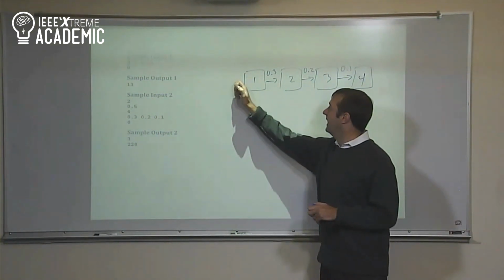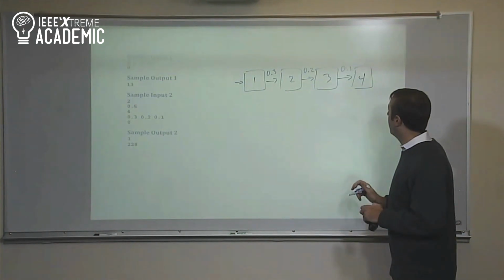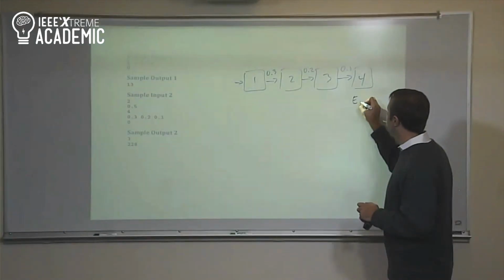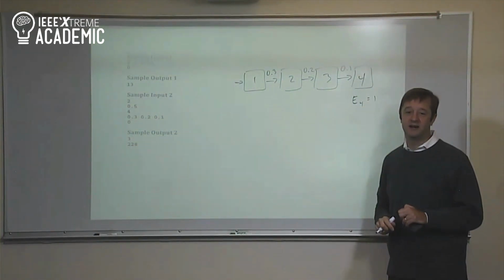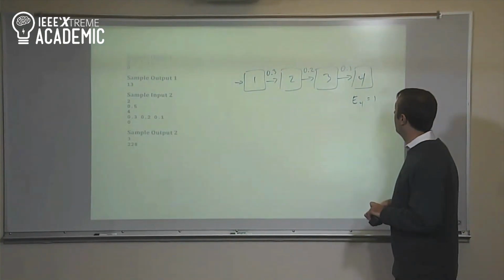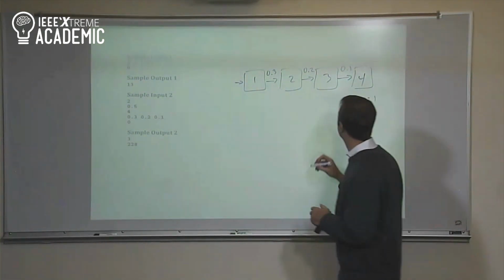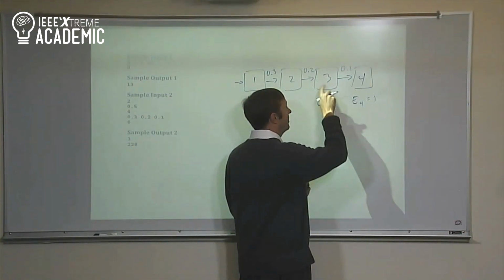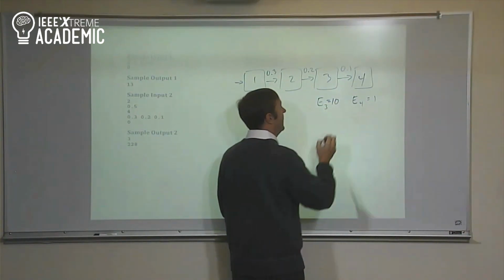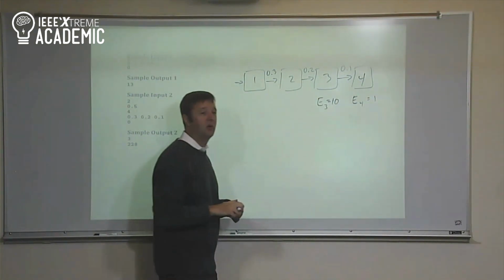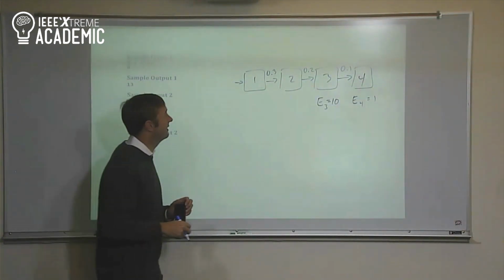So let's go ahead then and calculate the expected number of times we're going to be in each of these different states. All right, so we're in state E4 one time, of course, right? The expected number of times that we're going to be in state 3, or square 3, is going to be 10 times. Okay, we just take the 1 divided by 0.1, so it's going to be 10 times.